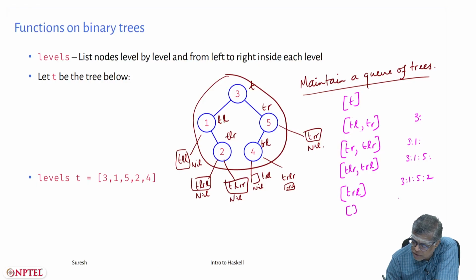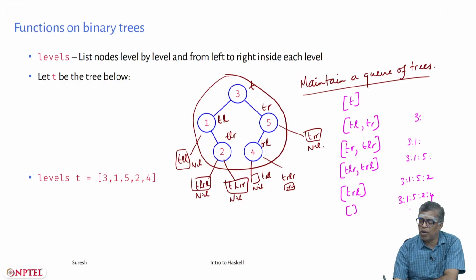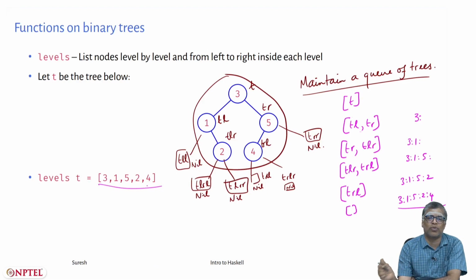So, now the queue becomes empty. When the queue becomes empty, you stop and you have an output list which is 3, 1, 5, 2, 4, which is the correct order of the levels. This is what you want, 3, 1, 5, 2, 4. Okay, this is what the algorithm will look like.